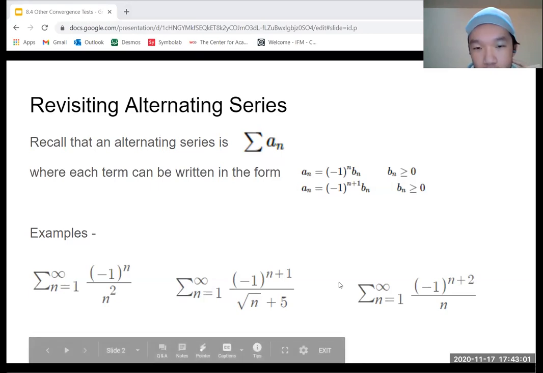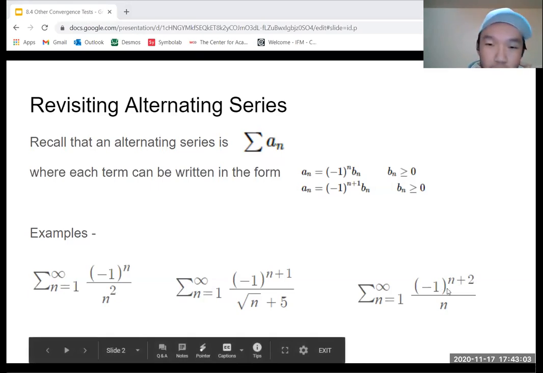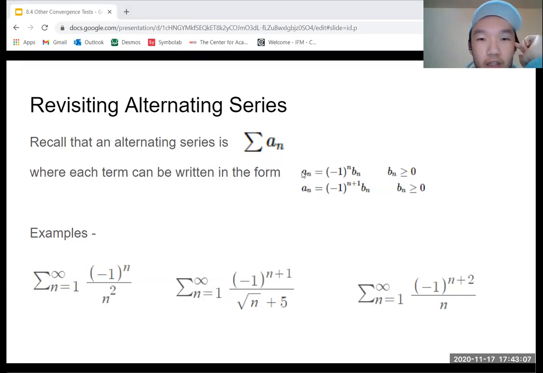One comment about this third series: notice how the exponent is n plus 2, right? If you look at the forms we have on top, it's written with the exponent of either n or n plus 1. But here we have an exponent of n plus 2. Does that bother you guys?